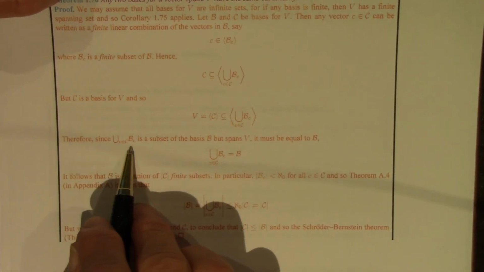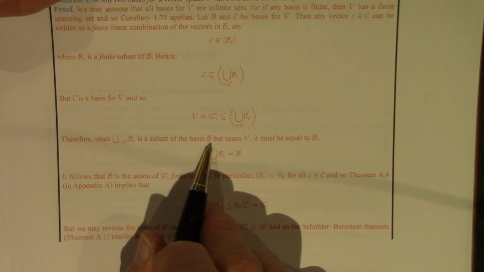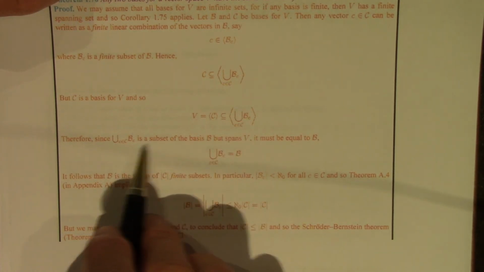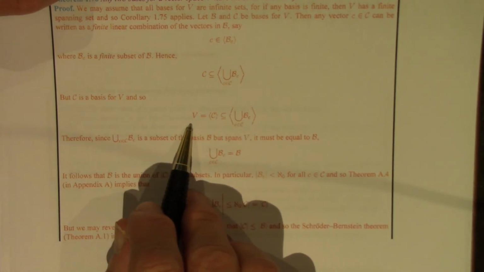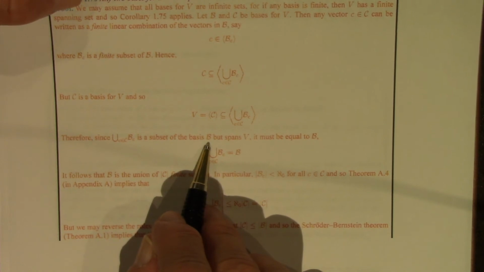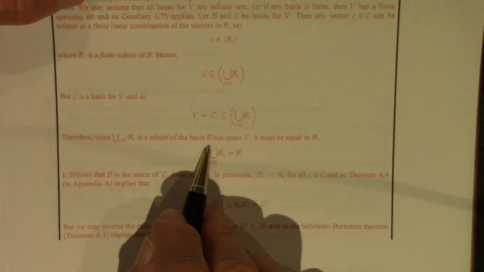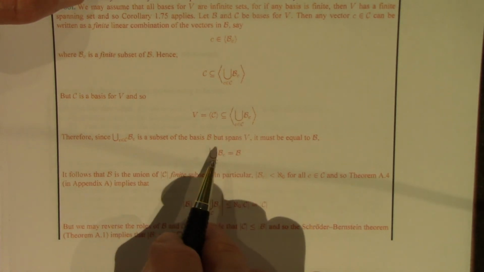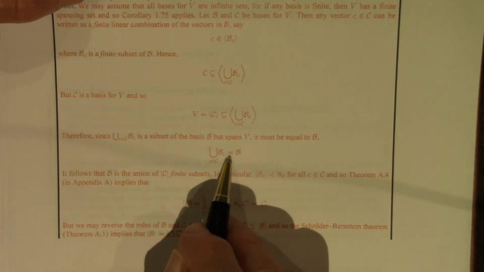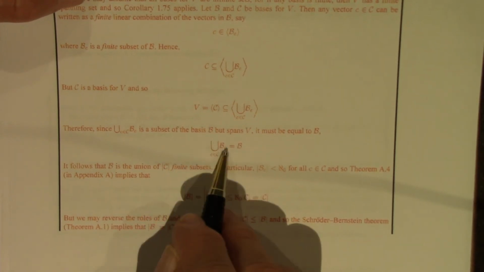But of course, this union is a subset of the full set B. But now we see not only is it a subset of B, but it spans V. Well, B is a basis for V, therefore it's a minimal spanning set. So this union has to equal B. This is really the key observation, using the fact that B is a minimal spanning set.